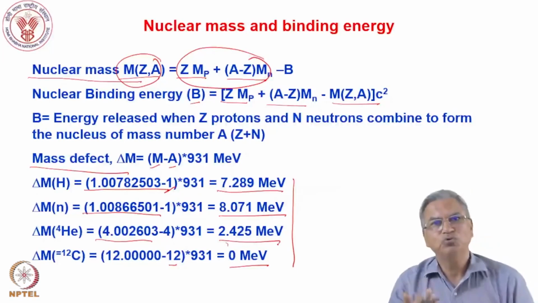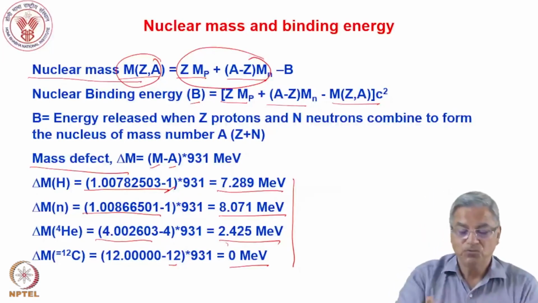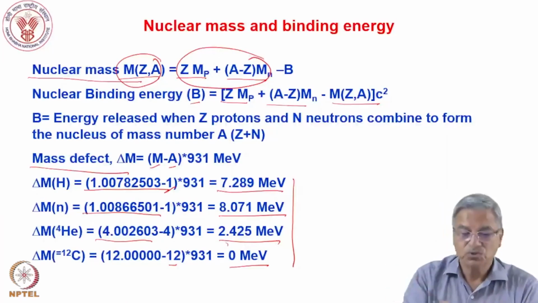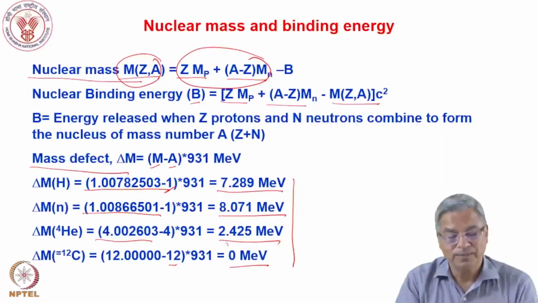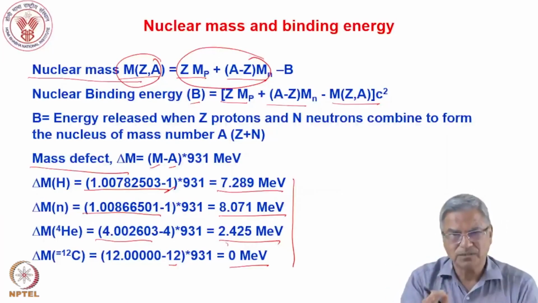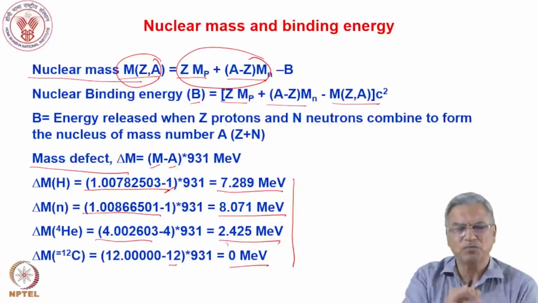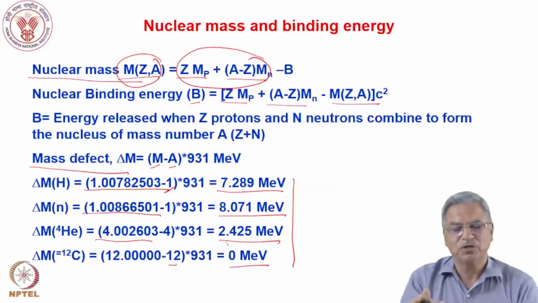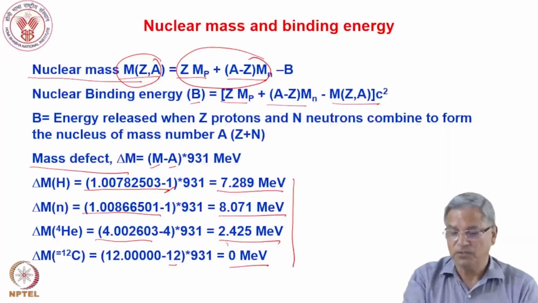So when you use the nuclear mass table, you will have this data written as delta M values. It is important to remember that the mass number is nothing but the number of protons plus the number of neutrons, whereas the mass given in the nuclear mass tables is nuclear mass minus mass number, times 931.